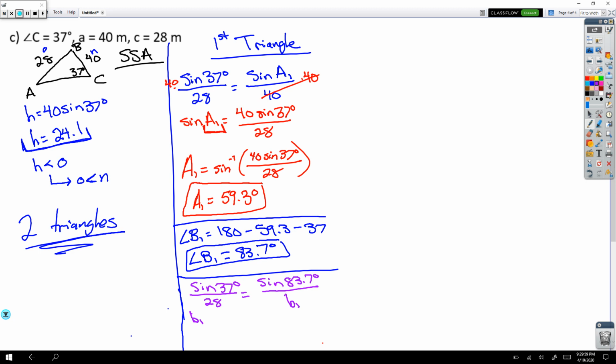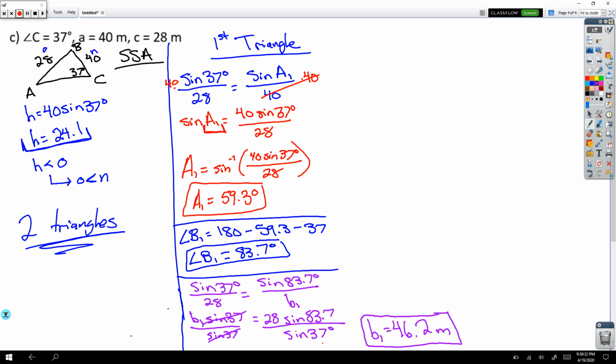So b sub 1 sine 37 equals 28 sine 83.7, and then divide the sine of 37 off. Punch all that in, and we'll get b sub 1 equaling 46.2 meters. Alright, so that's the first triangle.